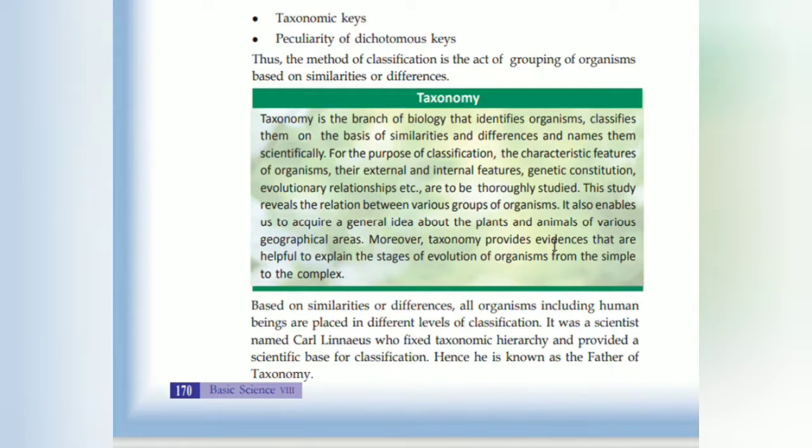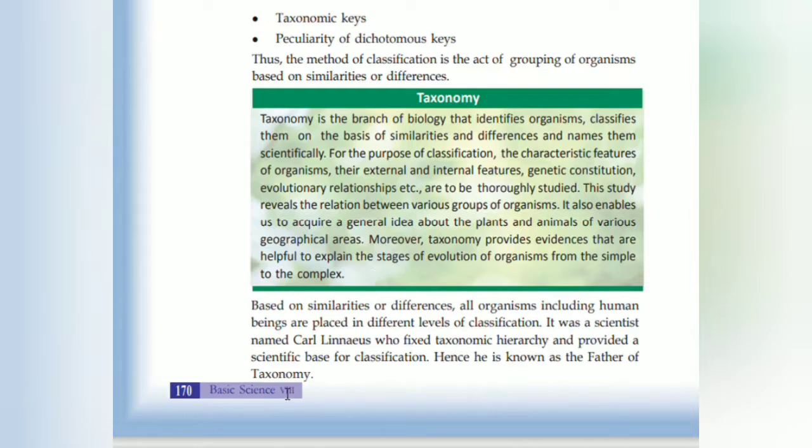Moreover, taxonomy provides evidence that is helpful to explain the stages of evolution, how organisms evolved from the simple to the complex. Based on the similarities and differences, all organisms, including human beings, are placed in different categories in classification.